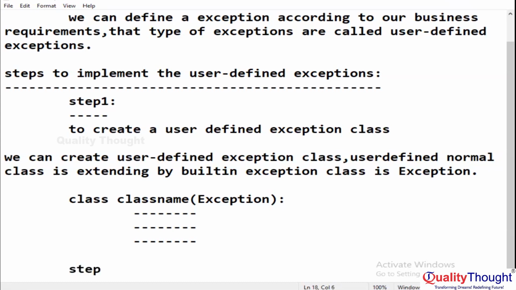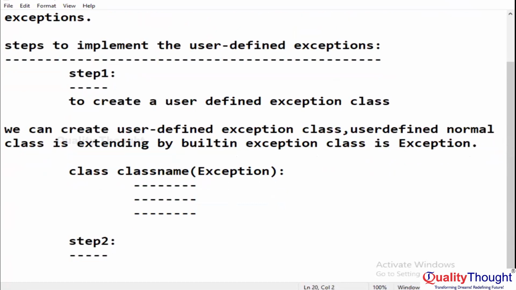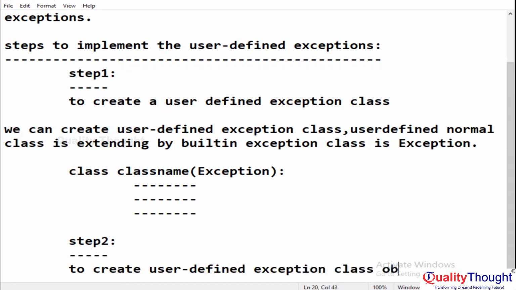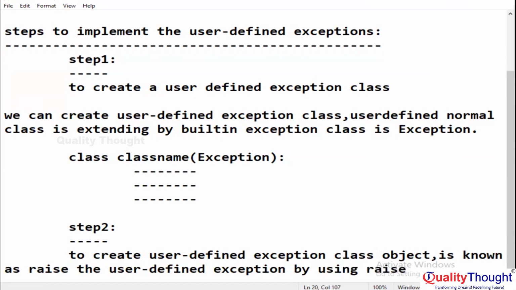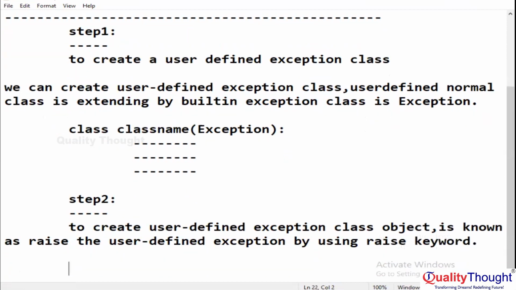Step number 2. To create a user-defined exception class object is known as raising the user-defined exception by using the raise keyword.